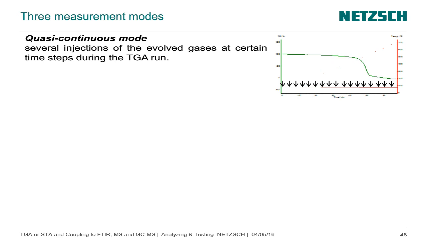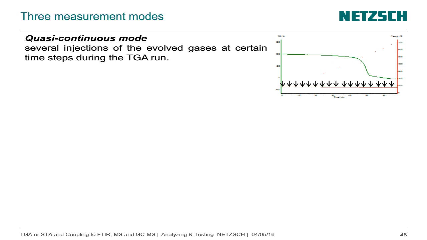Your TG run is running and you're switching the valve in time intervals, for example every 2 minutes, and use the separation of the column at a high temperature. So separation is not the best, but you get a good overview of what is evolved at different temperatures. So this is one possibility.